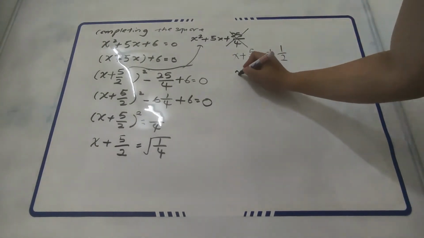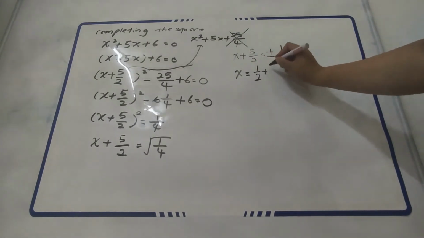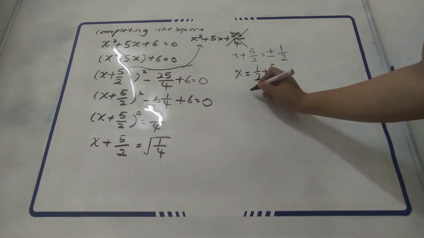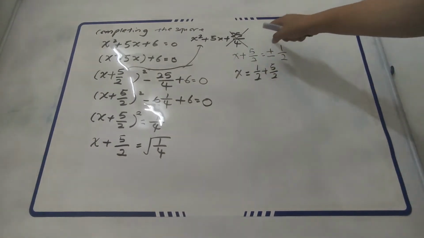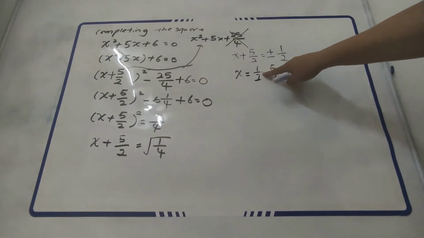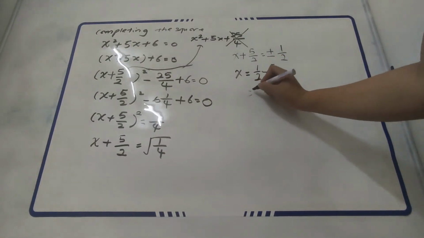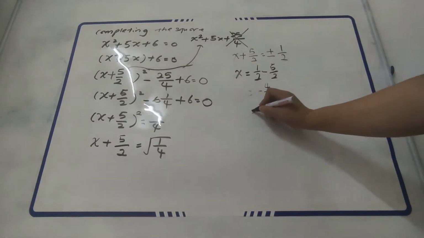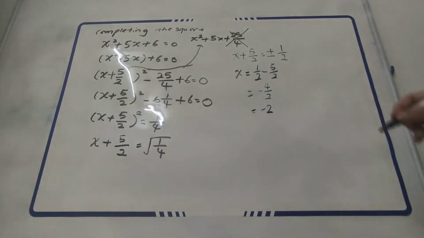And then x equals half minus 5 over 2, which is minus 4 over 2, then is minus 2.